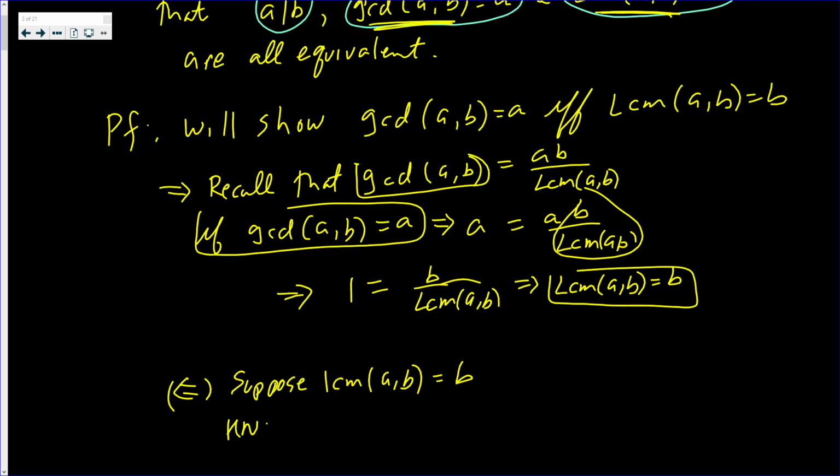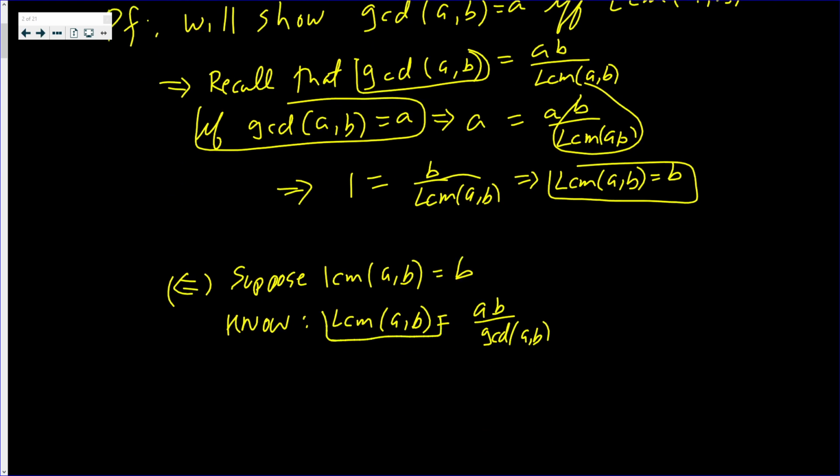We know that the LCM of a and b is equal to ab over the GCD of a and b.